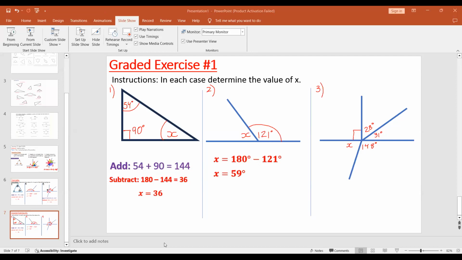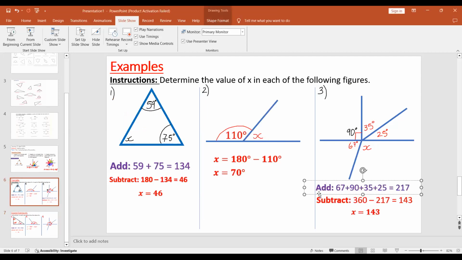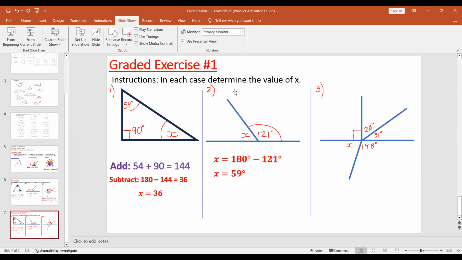Well, we'll add 28, 31, and 148 together, and we'll get 207. And then we subtract that from 360, and we get 153. So why are we subtracting from 360, Kevin?